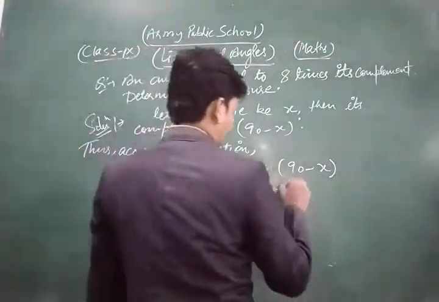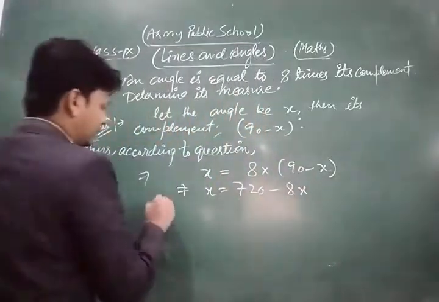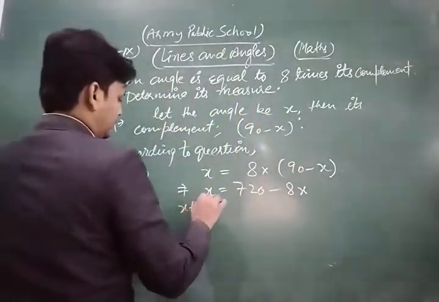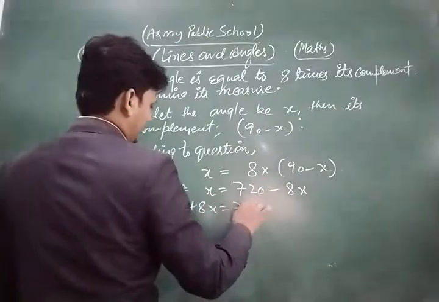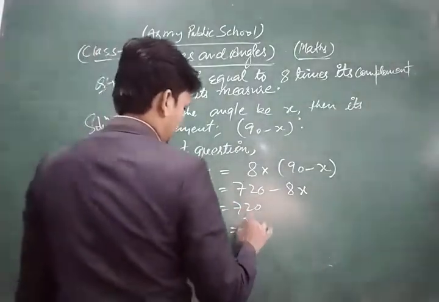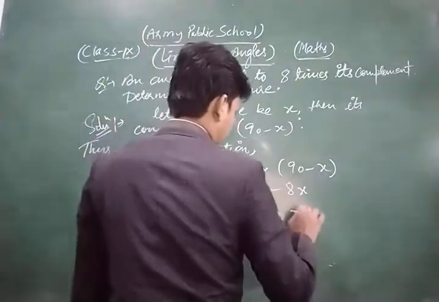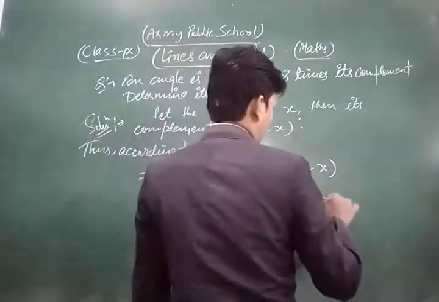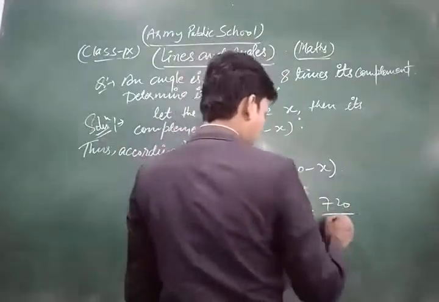8x is transferred to that side, so x plus 8x is equal to 720. That is, 9x is 720, so x is equal to 720 upon 9.